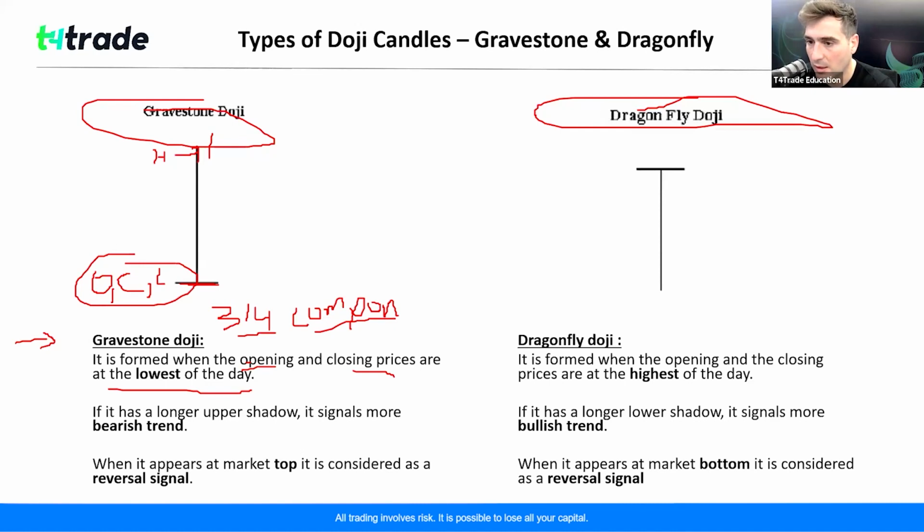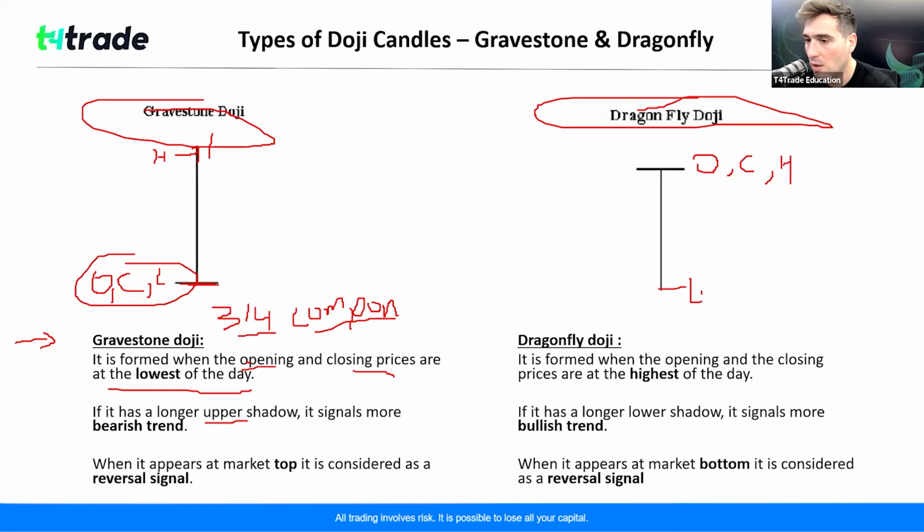This is the gravestone doji. With the same token, a dragonfly doji has the open and the close and the high point at the same level, and the lower point is by itself a rogue one down there. So the gravestone doji is formed when the opening and closing prices are at the lowest of the day. Yep, O, C, and L.